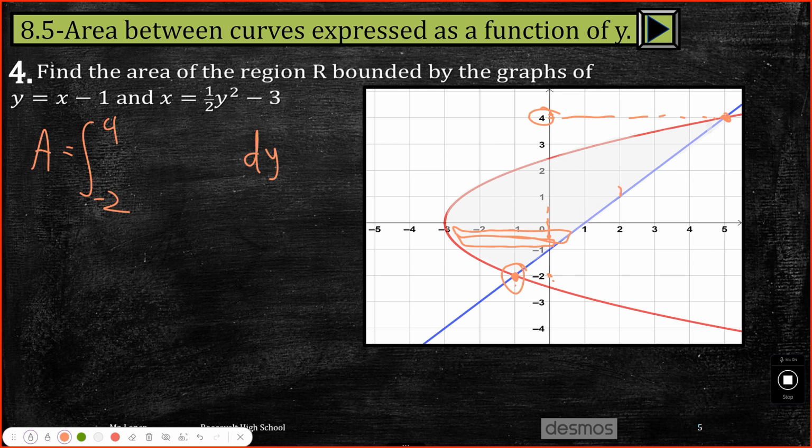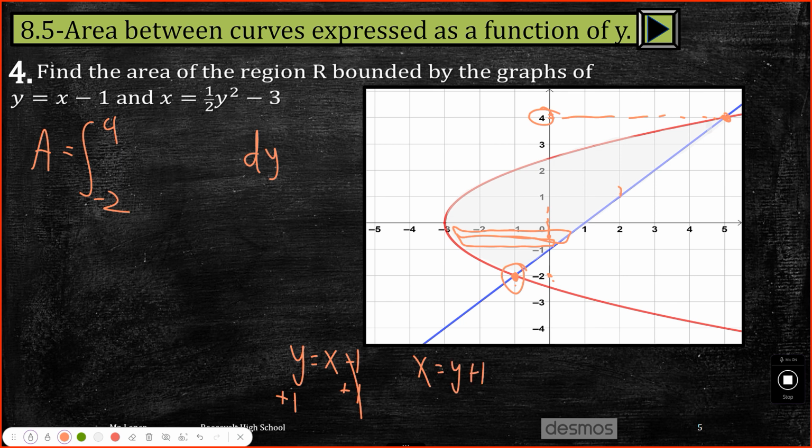Okay, so everything has to be in terms of y. The top one is the line. That's for sure. But there's a problem here: we have y equals x minus 1, so we have to put it in terms of y, just the way this other one is. So just move it over, plus 1, and now you have x equals y plus 1.